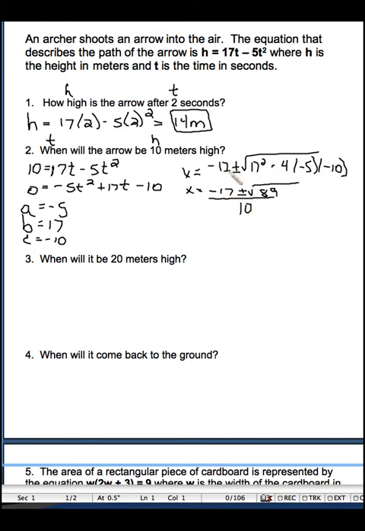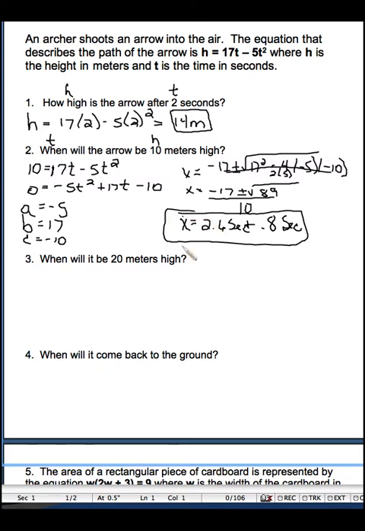All right, now when I do the math, one of them, negative 17 plus the square root of 89, is going to be 2.6 seconds, rounded to the nearest tenth, and the other one, when I do the subtraction, is going to be 0.8 seconds. Okay. And again, it hits that height at 0.8 seconds going up, and then at 2.6 seconds going down.